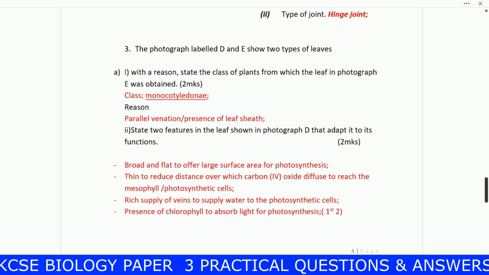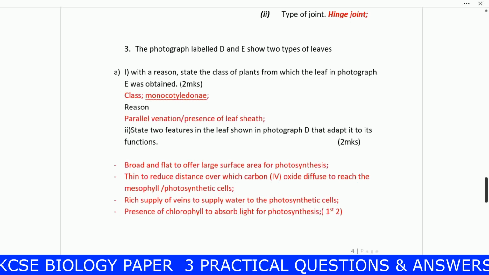Next, state two features of the leaf shown in photograph D that adapt it to its function. It is broad and flat, to offer a large surface area for photosynthesis.